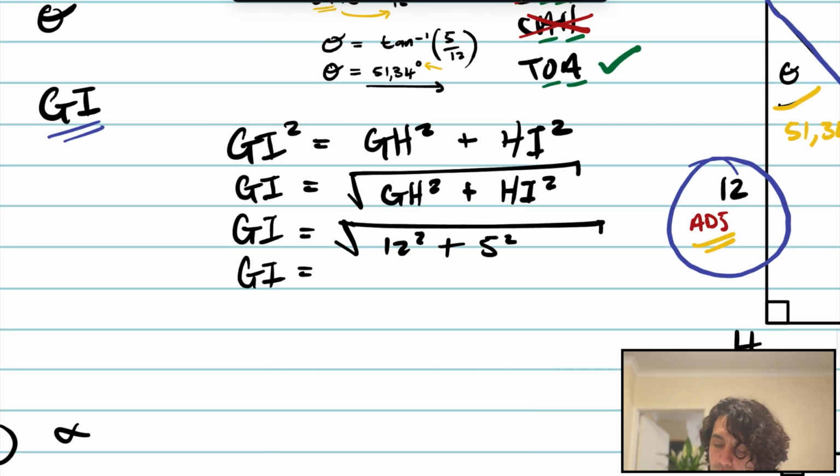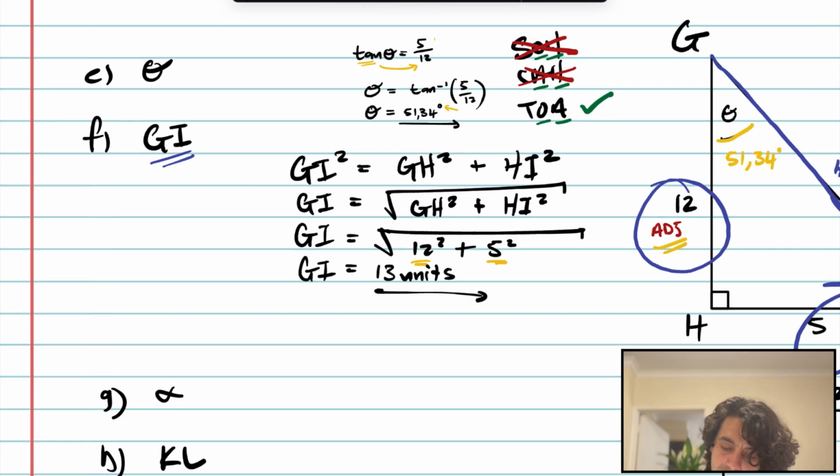Don't worry about trying to do this in your head. 144 plus 25 is 169. Square root of 169 is 13. Use your calculator to do that, so that we don't make silly mistakes.